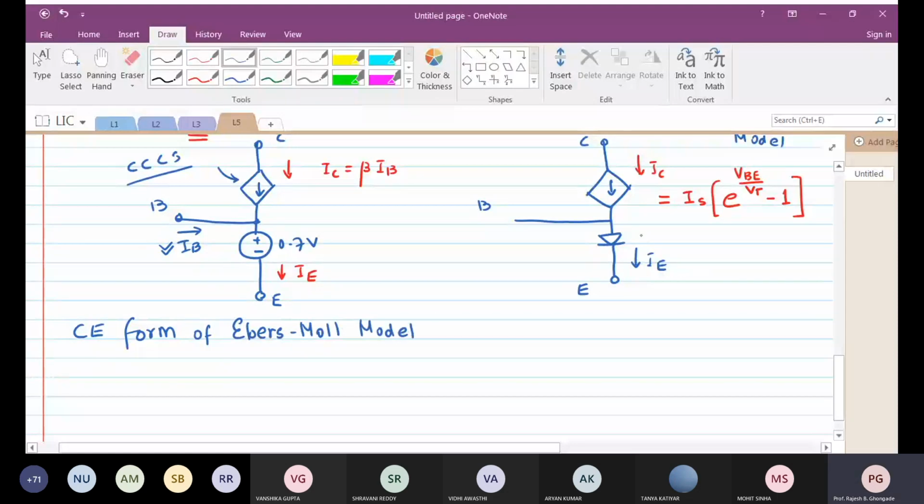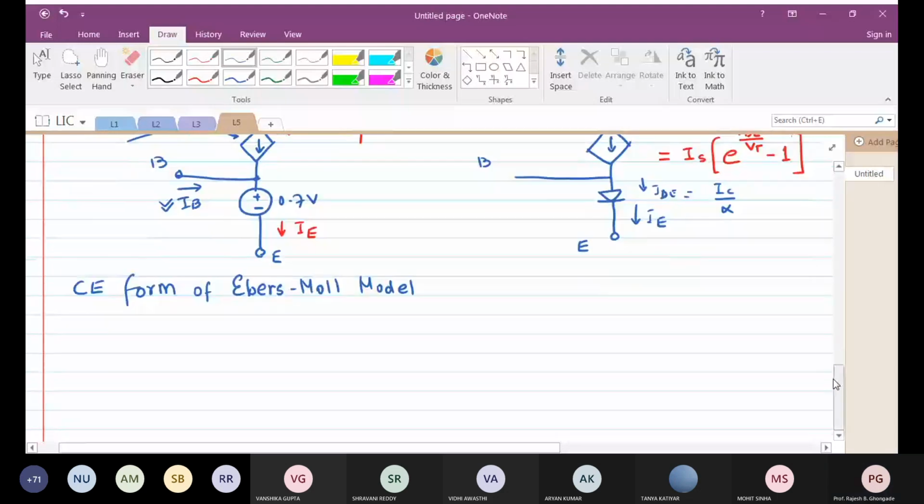Yes, and I can say here that this diode current ID is nothing but IC by alpha. Okay, this is ID. This is the Ebers-Moll model for forward active operation.